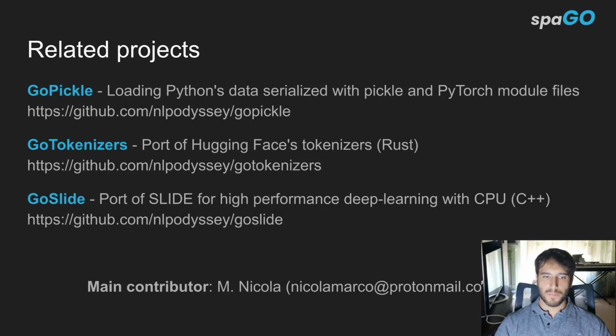Go tokenizers is an attempt to port the Rust implementation of the Hugging Face tokenizers inside Go. And GoSlide is an attempt to port the C++ implementation of a high-performance, deep learning, highly sparse framework for the CPU inside Go. I assume that we will use most of them inside spaGO to improve the overall performance.